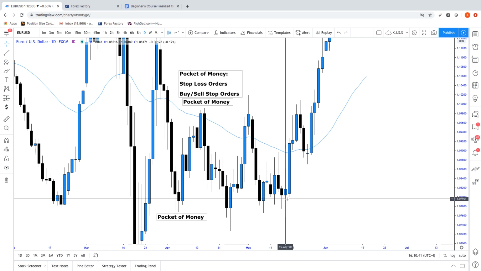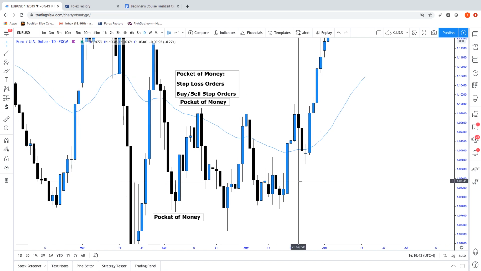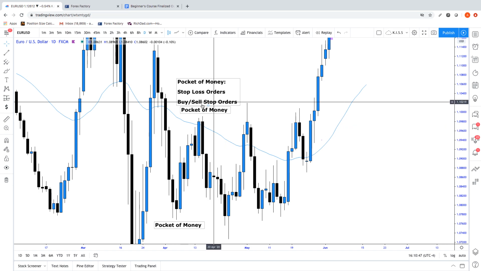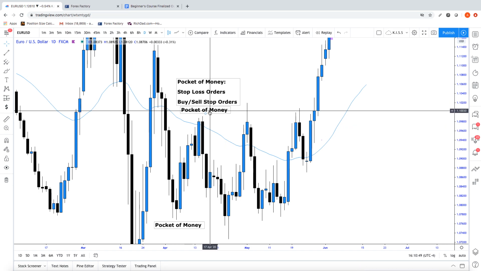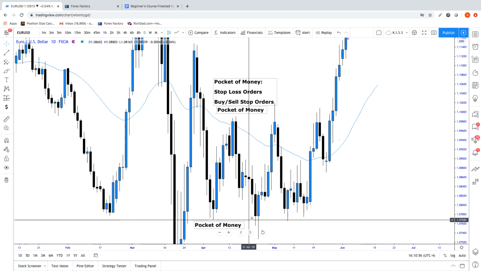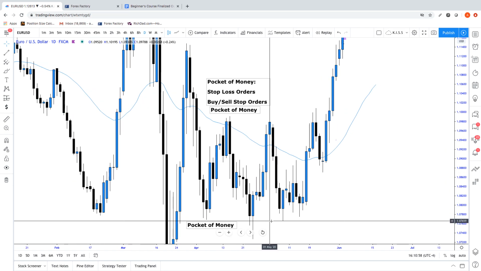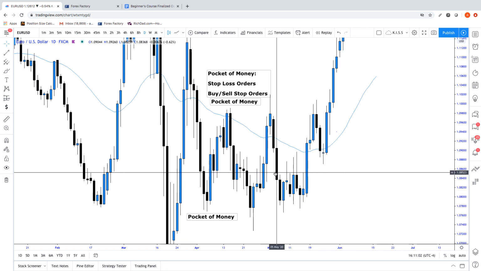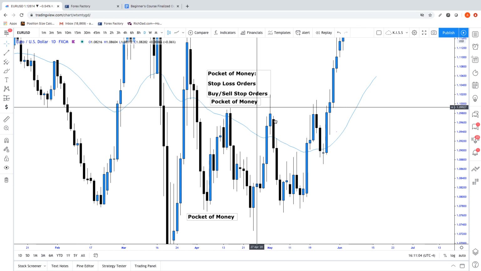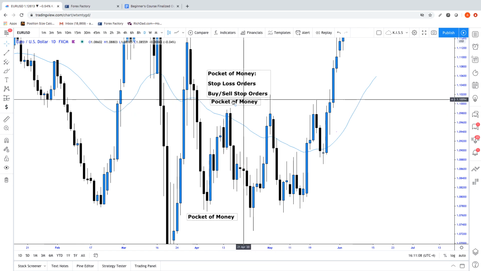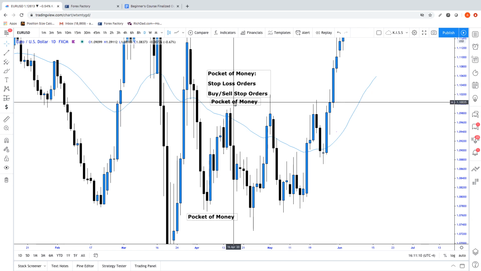We want to see specific price action, candlestick movements, within pockets of money to confirm trades, to confirm what I'm about to tell you. And that is, the banks often manipulate price around pockets of money simply to take people's money.